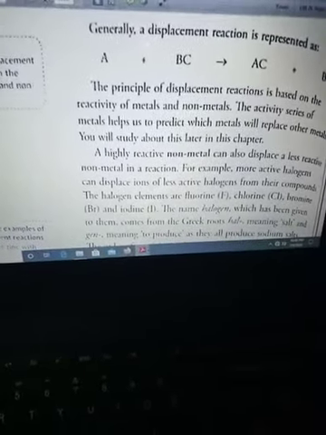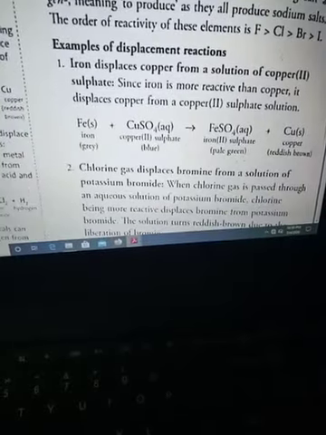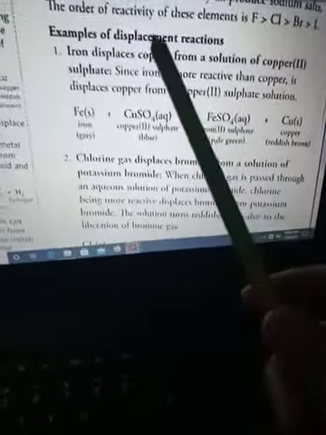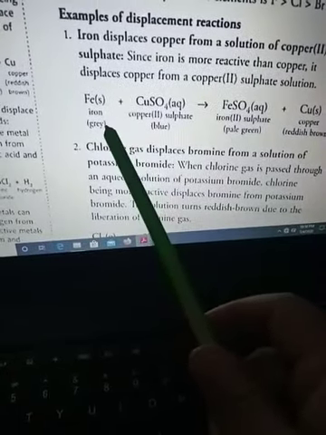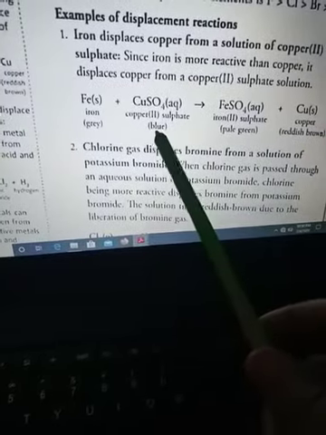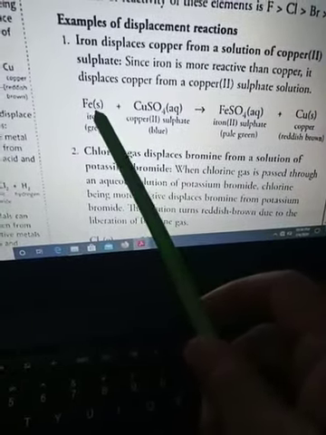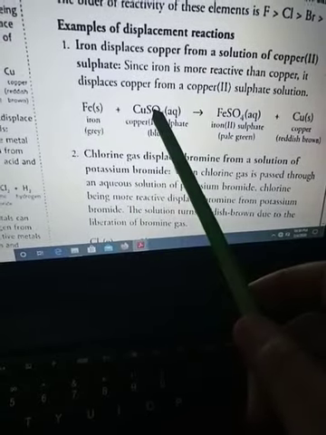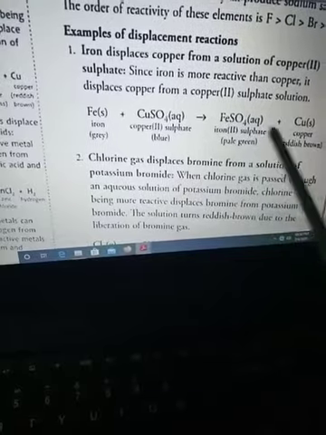Next, examples. If you take iron, which is grayish in color, and copper sulfate, which is blue in color, an aqueous solution, then this iron can replace the copper in the copper sulfate solution, and it will form ferrous sulfate plus copper.